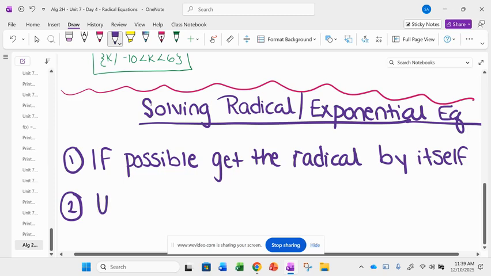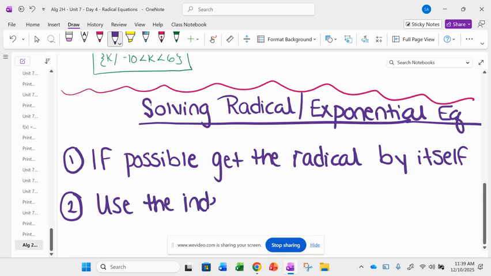Step number 2, we're going to use the index to get rid of the radical.